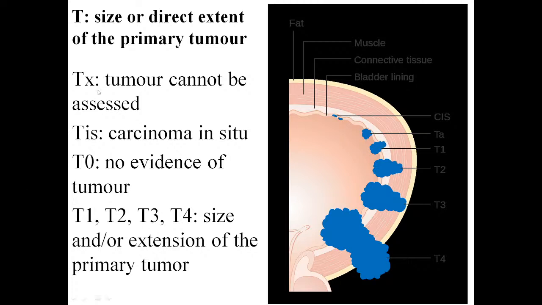Letter T can be of the next types: TX, T in situ, T0, and T first, T second, T third, T fourth. It's the size of the tumor.